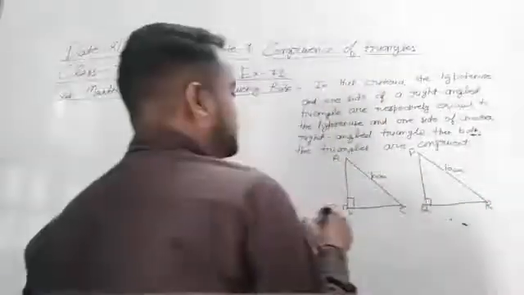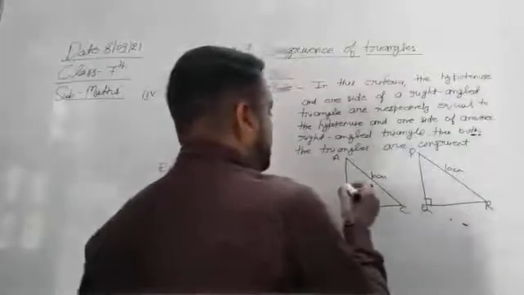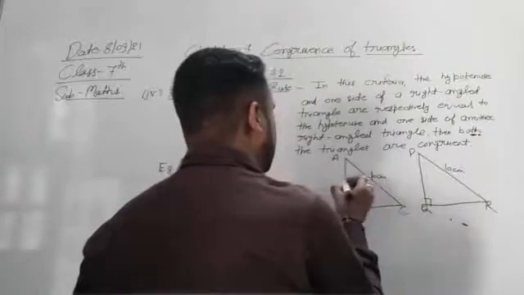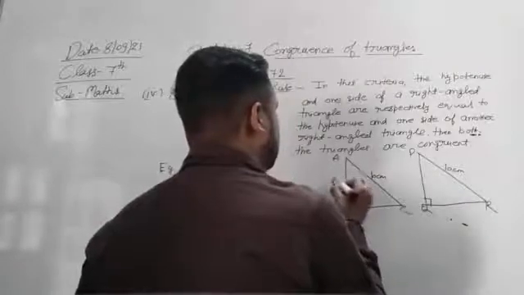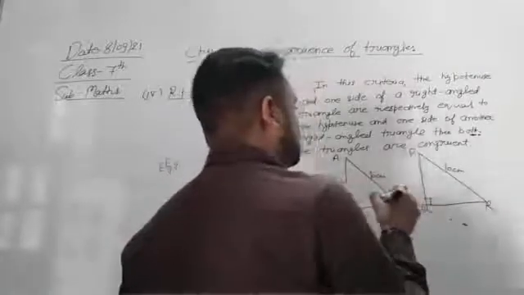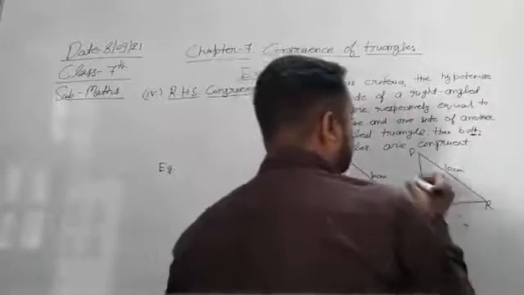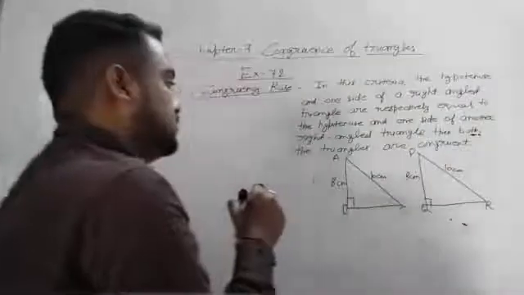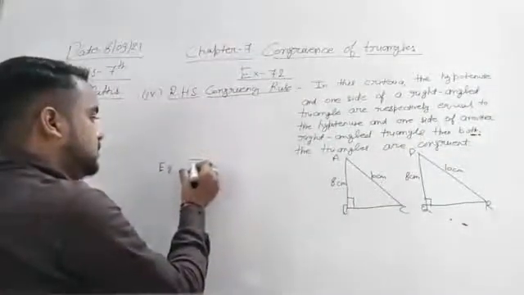One side AB in triangle ABC is 8 centimeter, and in triangle PQR side PQ is 8 centimeter.